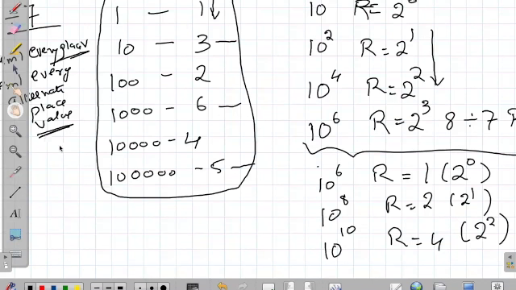So I applied 10 to the power of 0 for the unit place, and for the tens place, 10 to the power of 1 means 3, and 3 plus 3, 6 over here. 10 to the power of 0 is always 1. So 6 plus 1 is 7. So when the sum is 7, it is divisible by 7.